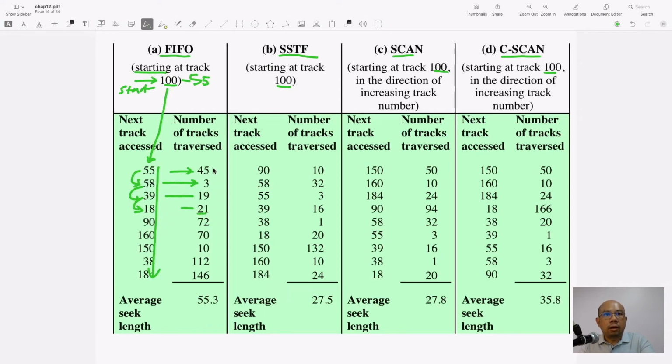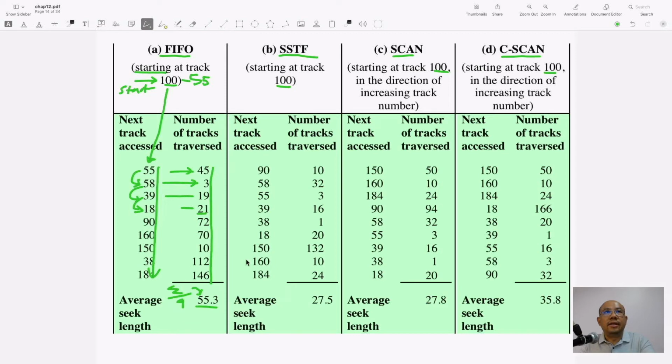Now I sum the tracks passed and calculate the average by dividing by the number of locations, 1 2 3 4 5 6 7 8 9. Dividing by 9 gives an average of 55.3 tracks.